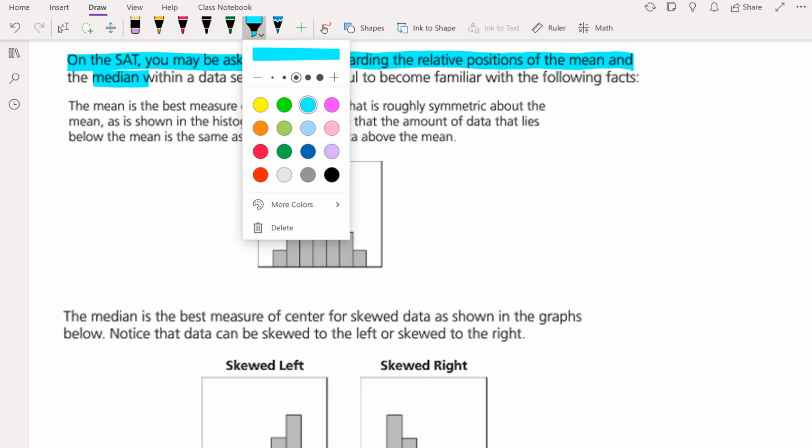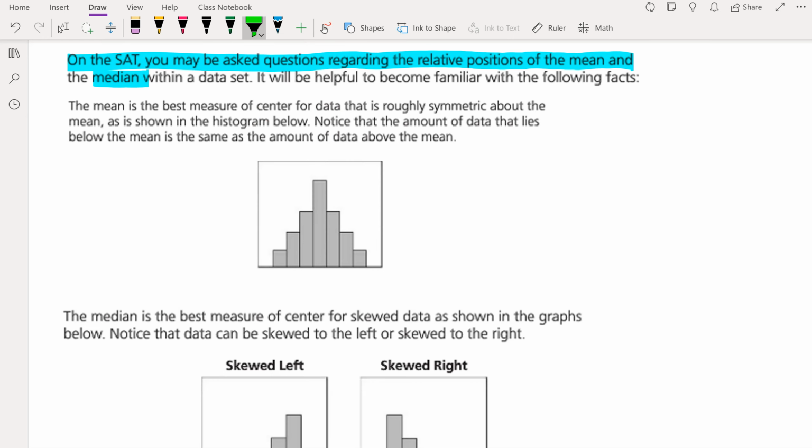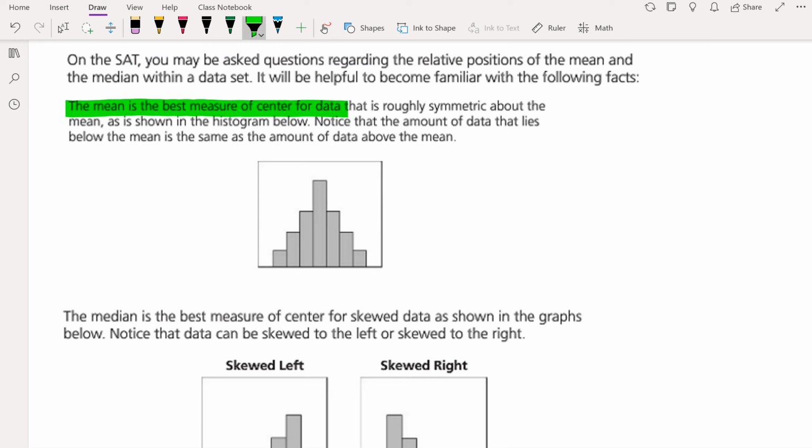All right, so this is important to write down right here. So please write down what I'm highlighting in green. The mean is the best measure of center for data that is roughly symmetric. Okay, so here, symmetric means like if you had a mirror, it would reflect itself perfectly. So let's pretend that this is like a mirror.